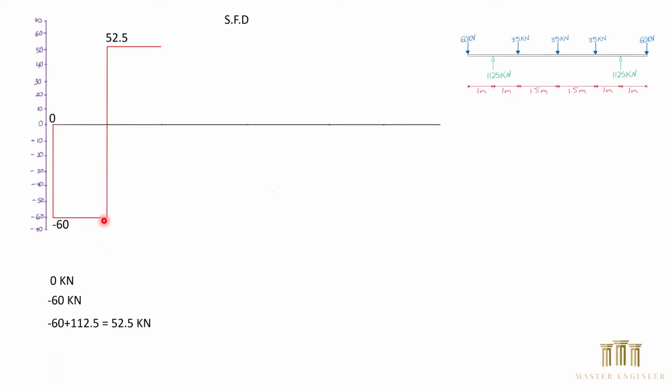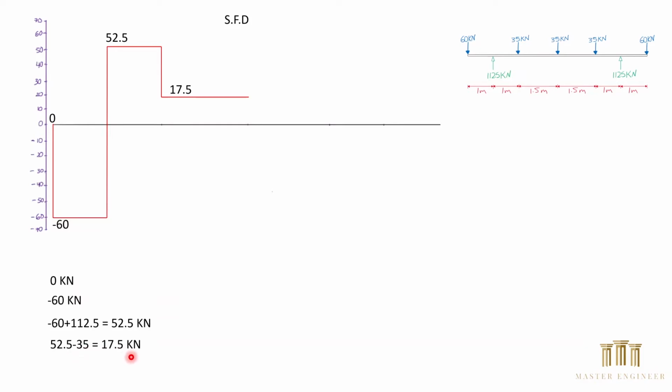So from this point, we draw a straight line all the way to roughly here, 52.5. Since we don't have any other forces acting within this distance, the shear force will be constant again. Then at this point, we come across this 35 kilonewton acting downward. So we have 52.5 and 35 kilonewton acting downward, which is negative.